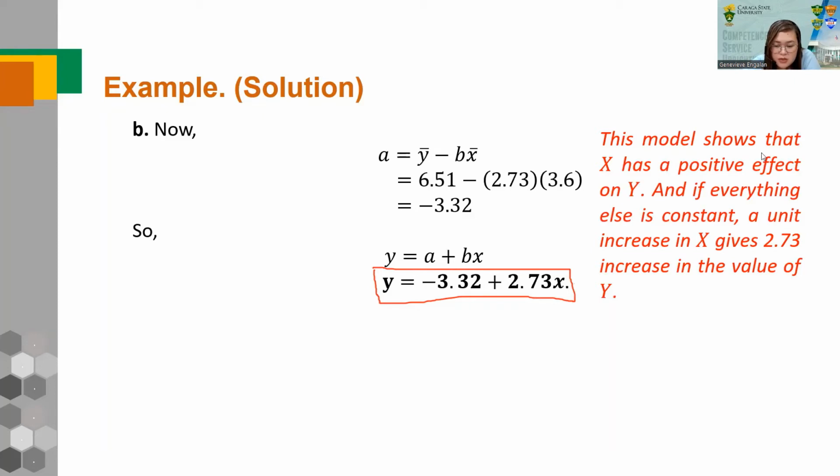So this model shows that X has a positive effect on Y. Nganong positive man? Because ang B nato is positive. So ang B ang timailhan kung positive ba ang effect. Positive effect kung naa siyay positive nga B. And if everything else is constant, a unit increase in X gives 2.73 increase in the value of Y. So as you can see, B gihapon na siya.